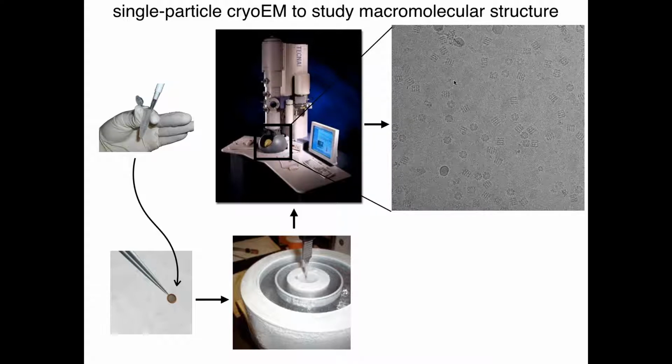So this is an image of a frozen hydrated preparation of GroEL particles. GroEL is a bacterial chaperone that helps to fold other proteins. Each one of these particles right here is an individual GroEL protein molecule. What you can see is a monodispersed field of particles, or putative particles.